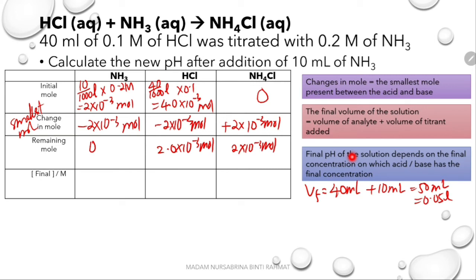So the final concentration of HCl is 2.0 times 10 to the negative 3 mole over 0.05 liter, which equals 0.04 molar.